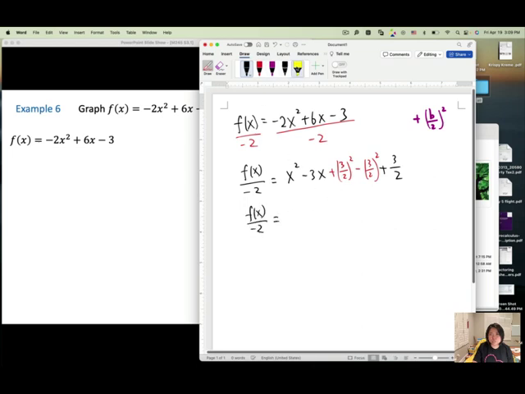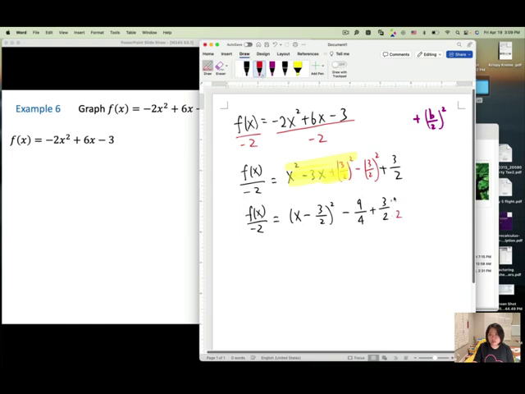I want you to only look at these terms here. Remember the completing the square method, that will be (x minus 3 over 2) squared. And then we're going to take care of this part: minus 9 over 4 plus 3 over 2. We're going to take care of the constant here.